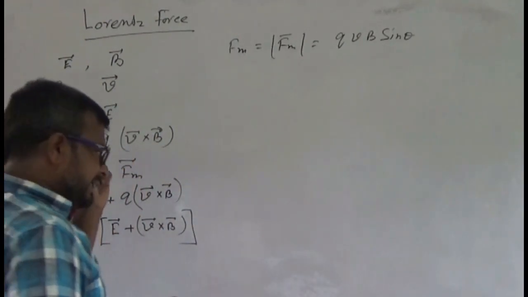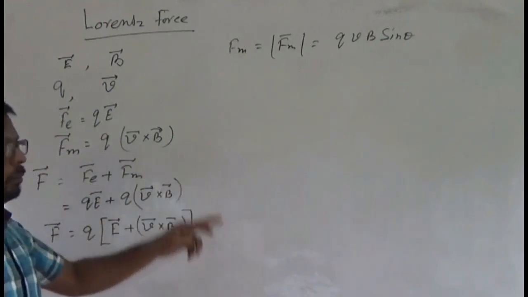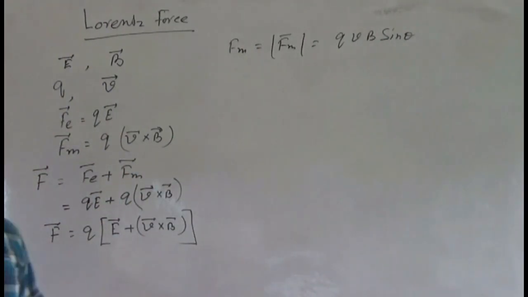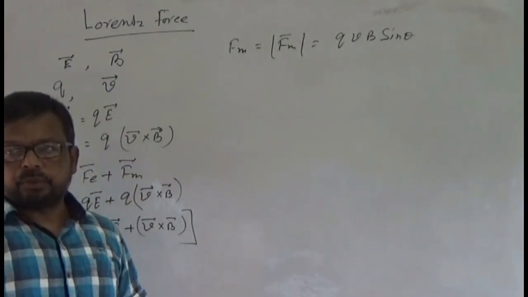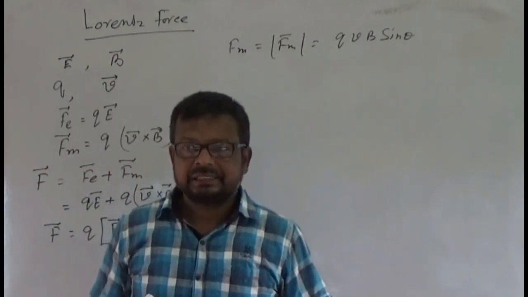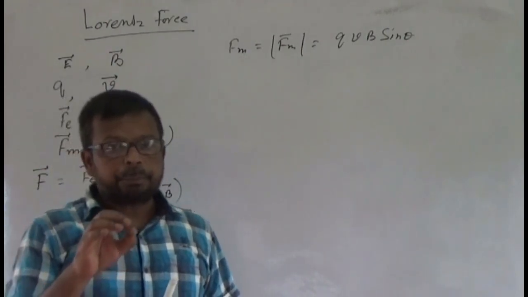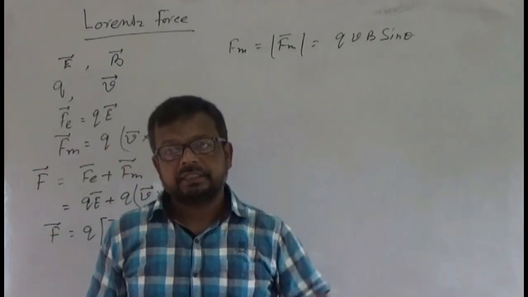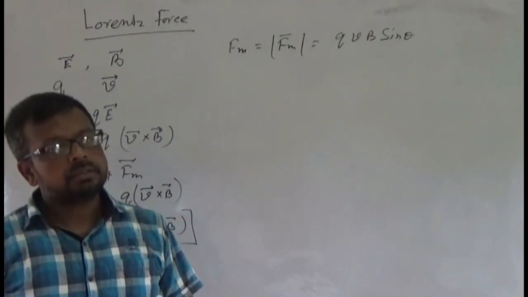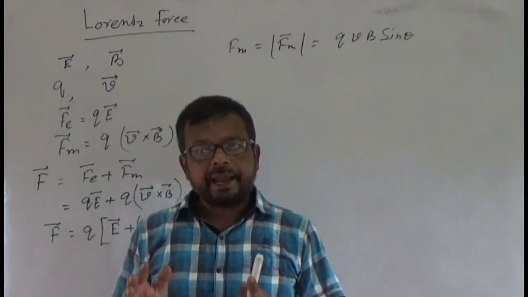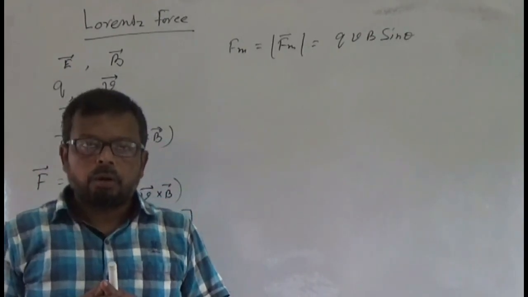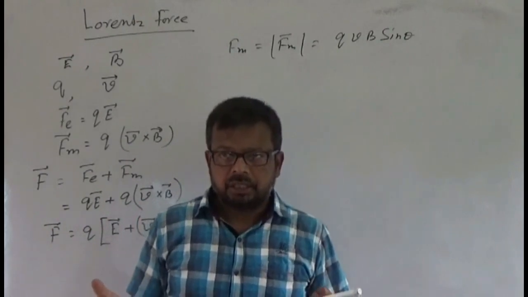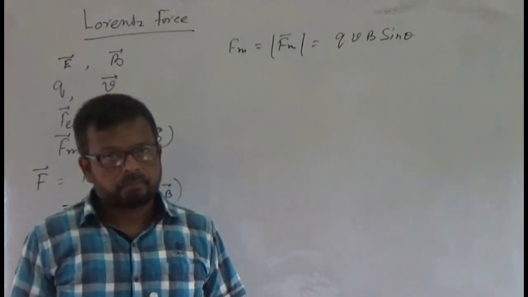And see here the direction of this force. What will be the direction of the magnetic force? The direction of the magnetic force is perpendicular to the plane containing V and B, that is, containing the velocity vector and the magnetic field vector, and it is given by the right-handed screw rule, right?